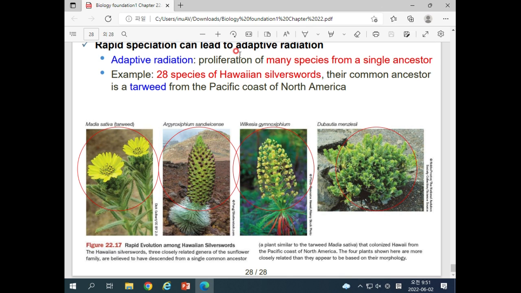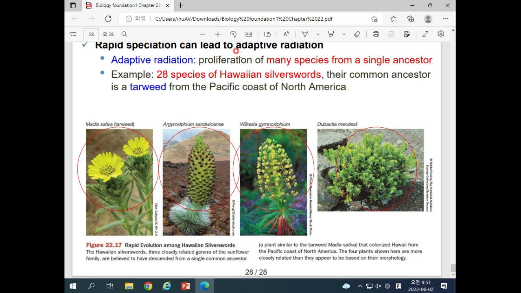But one seed, Boreum tarweed seed, comes from the Pacific coast of North America. They arrived at Hawaii. At that time, there was no animal, no plant. So from one seed they did adaptive radiation, meaning the proliferation of many species from a single ancestor.